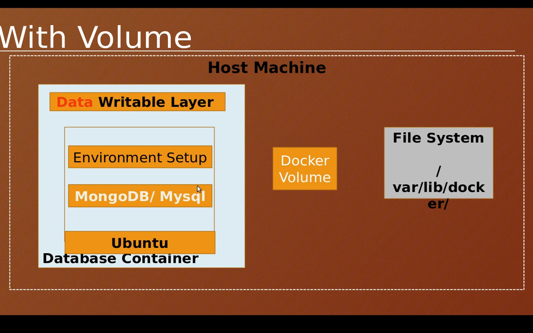Whatever writable data is there can be written to the host machine. Some people may have a doubt: if the host machine, which is a big cluster machine where Docker is running, also goes down, what is the alternative?